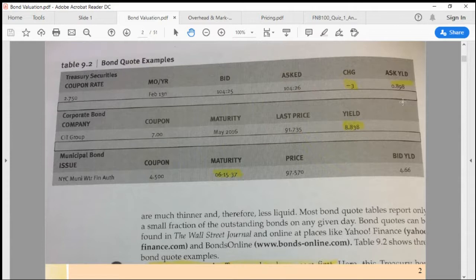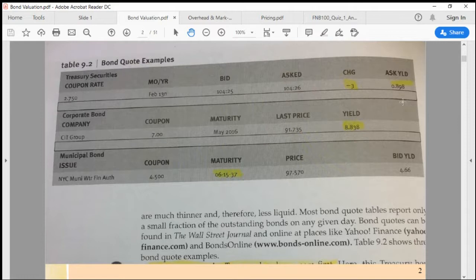Remember, there are zero coupon bonds, right? Zero coupon bonds are the bonds that don't pay any interest, and coupon bonds that pay interest. So think about it.